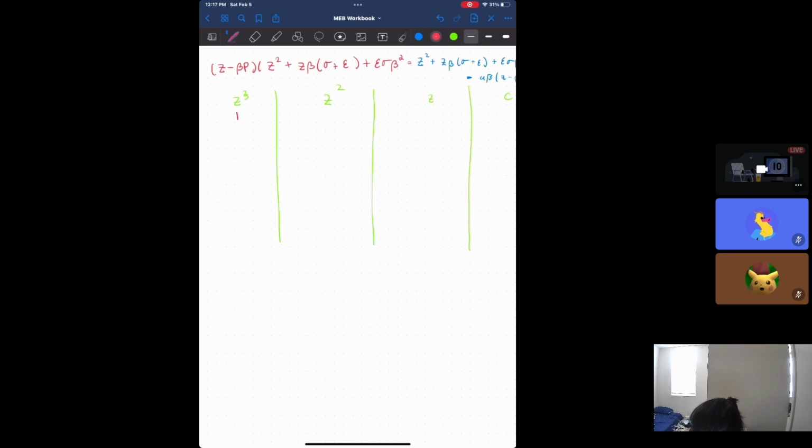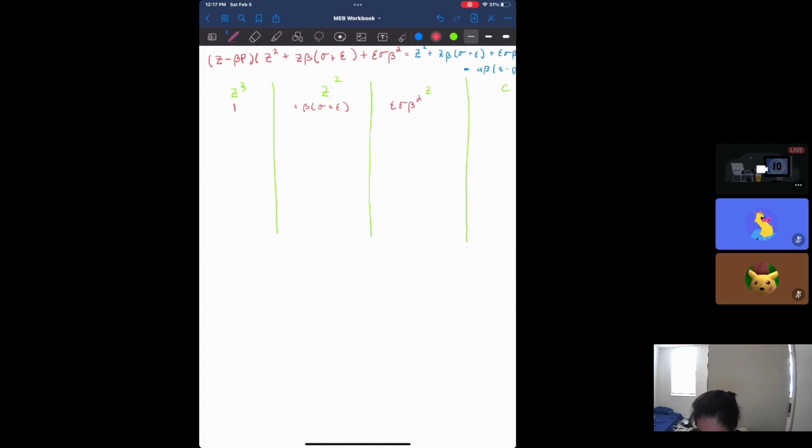Okay? So plus beta sigma plus epsilon, and finally z times this expression is a z expression, therefore it falls here, epsilon sigma beta squared.